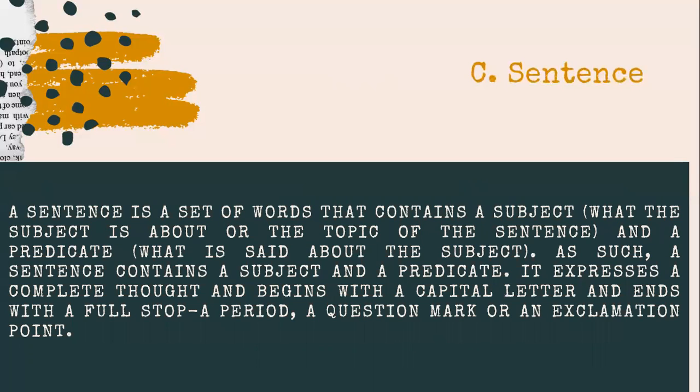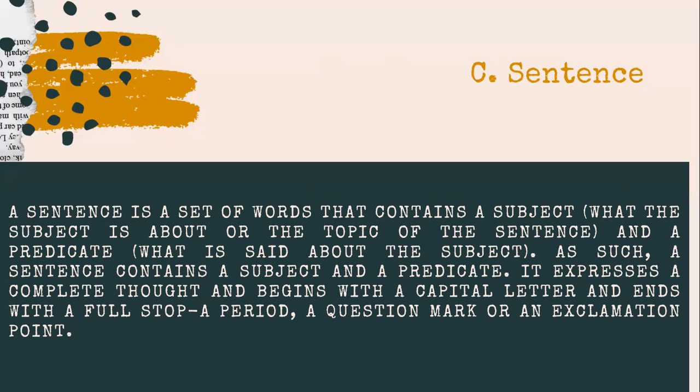So a sentence is a set of words that contains both a subject, which is the topic of the sentence, and the predicate that tells something about the subject. As stated here, it expresses a complete thought or idea.